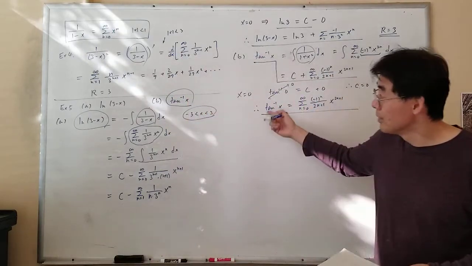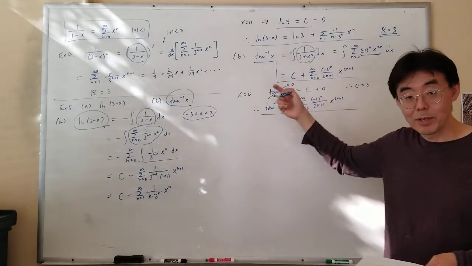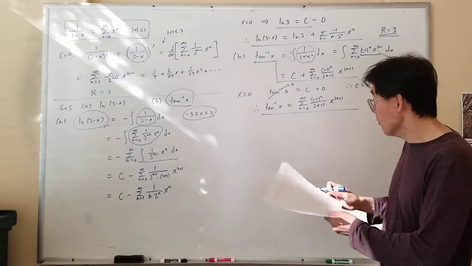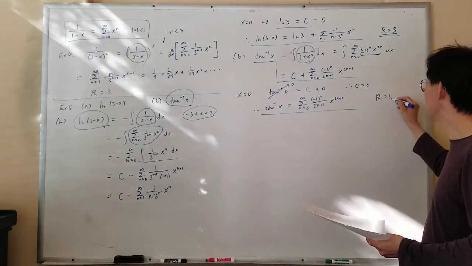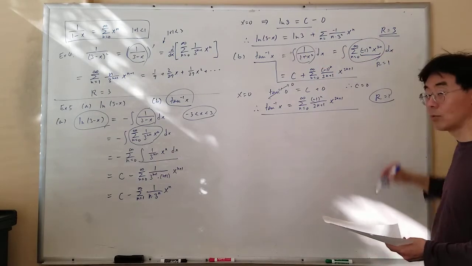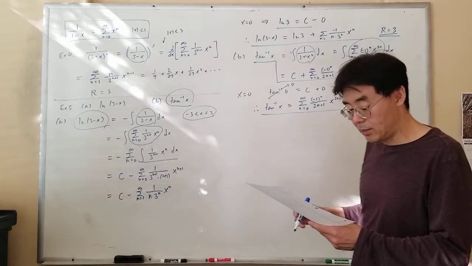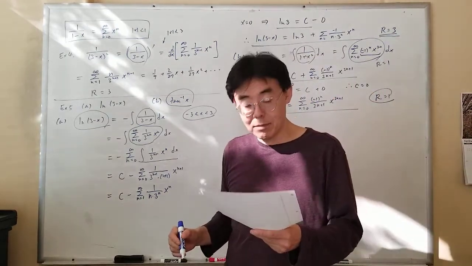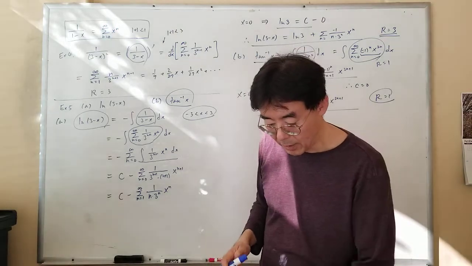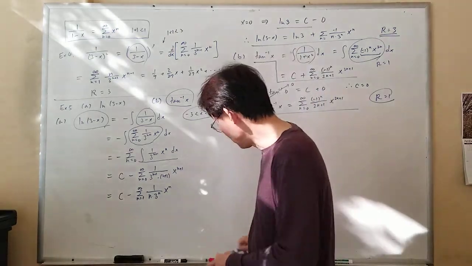But through integration of 1 over 1 plus x squared, it was related. And the radius of convergence does not change because this one had a radius of convergence 1, so its indefinite integral also has the same radius of convergence. Okay, let me check the recording.